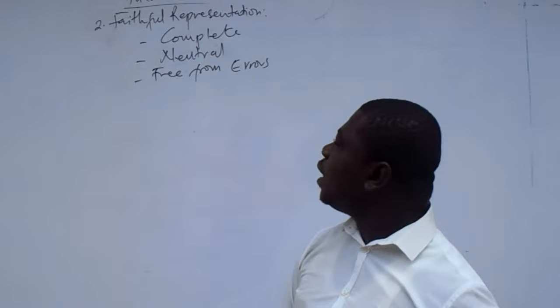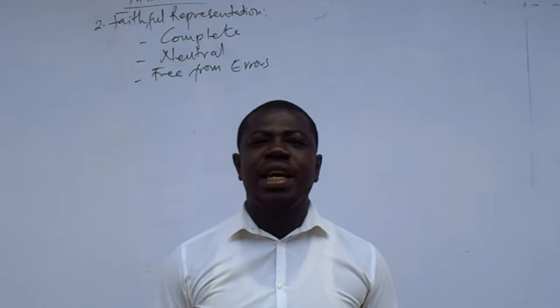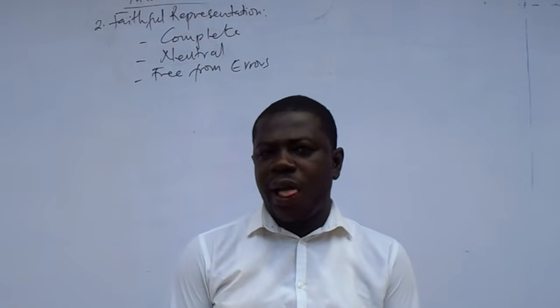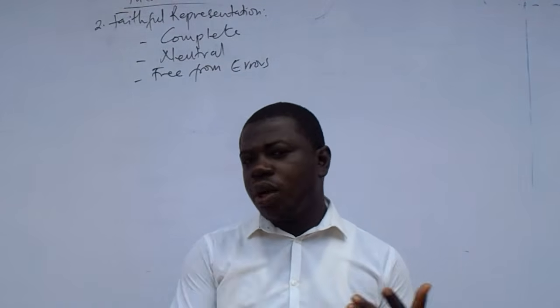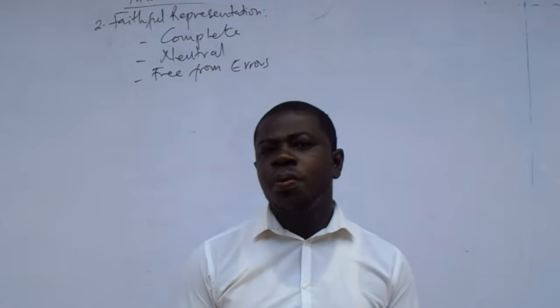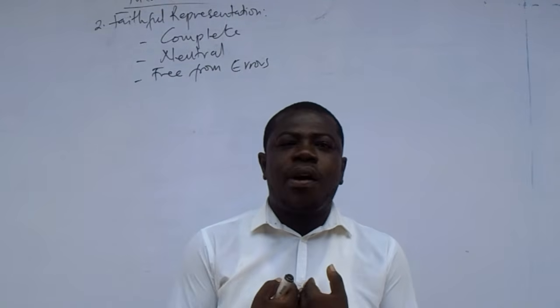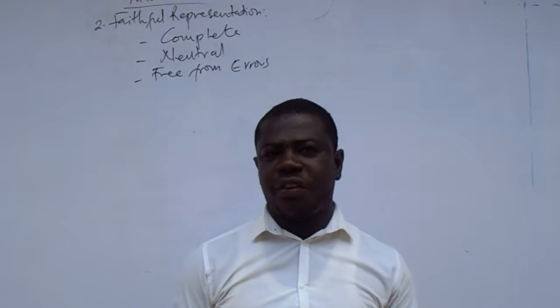And then we say that it should also be neutral. When we say financial statements are neutral, it means that they are not distorted by the personal wishes and opinions of the accountant or those in management. And that also comes back to creative accounting. Sometimes we are preparing financial statements and we let our personal emotions or feelings or wishes influence the way we prepare them.